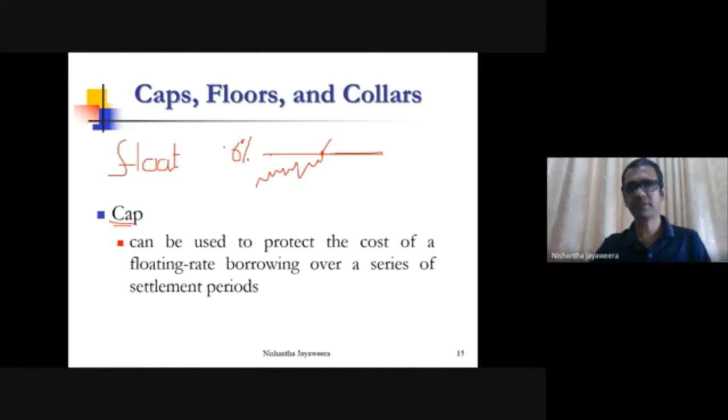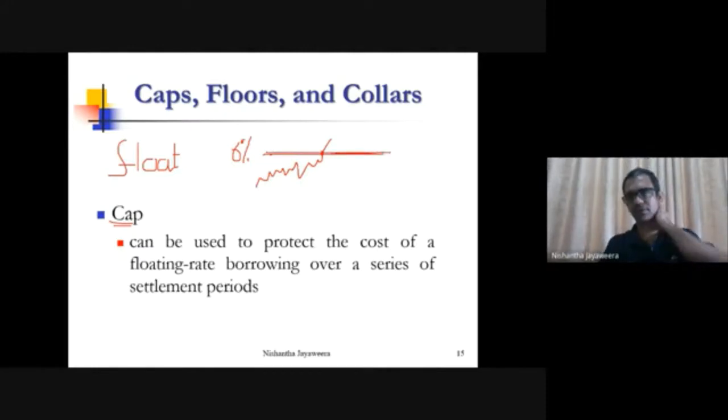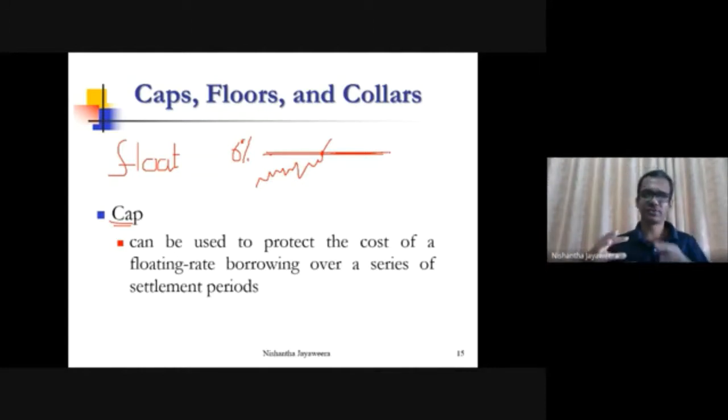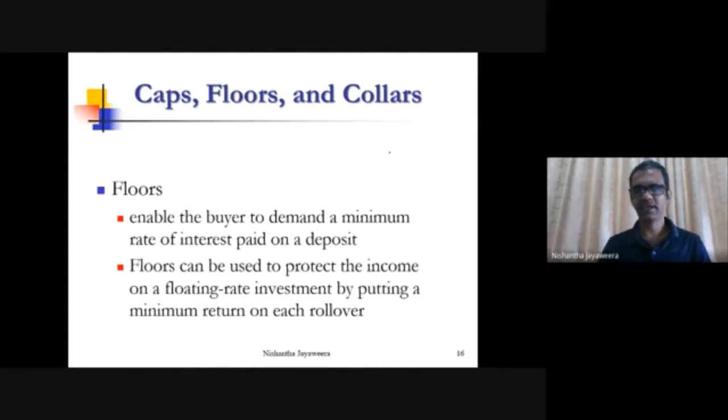This can be done through a series of options. So you can buy a series of options separately, or you can bundle them together and buy it as a cap. On the other hand, there's a floor.